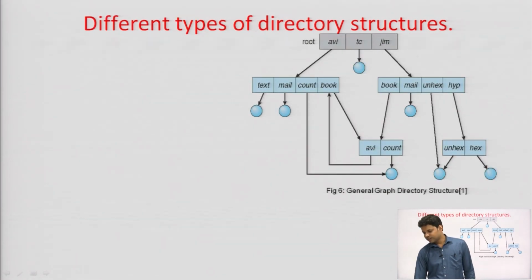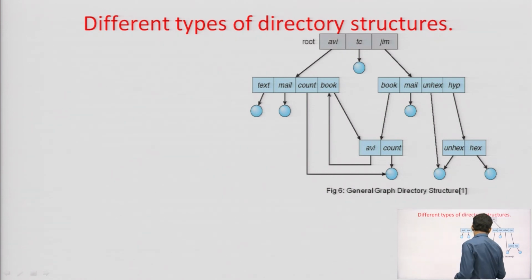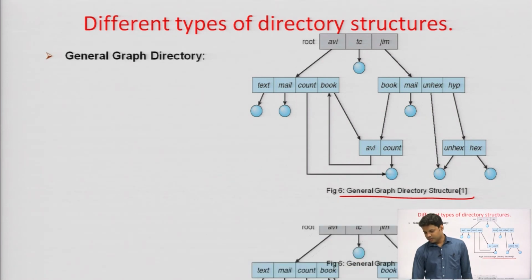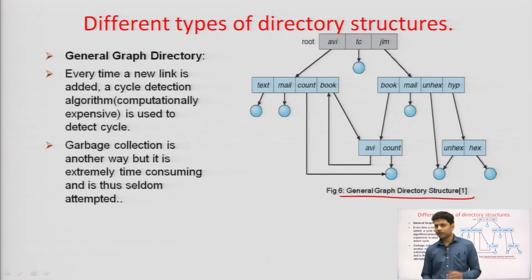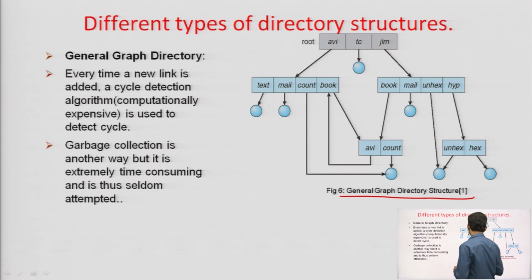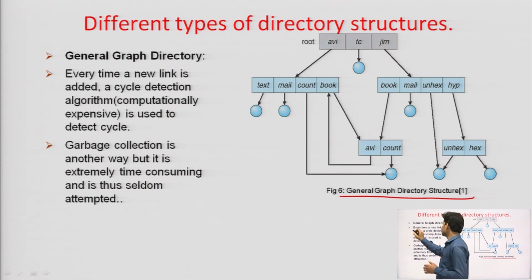Now the next one is the general graph directory structure. In this, a cycle detection algorithm must be running all the time to detect whether a cycle is formed whenever you try to add a new link. You can see the disadvantages of this structure: every time a new link is added, a cycle detection algorithm, which is computationally very expensive, is used to detect the cycle.